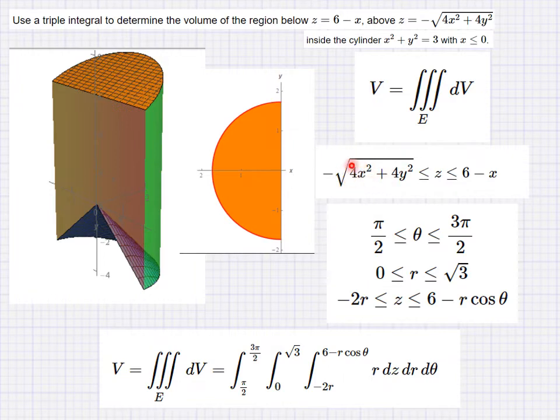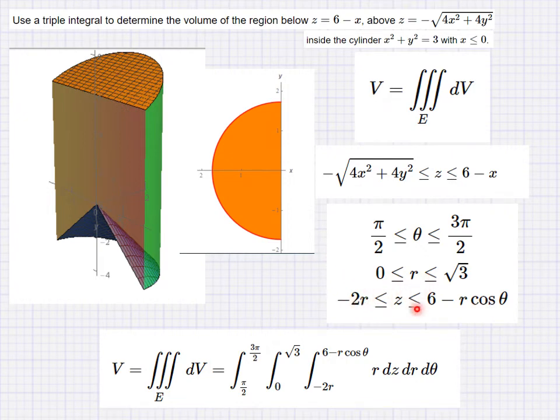So this will be the square root of 4r squared, or 2r. So that's that with a negative, so negative 2r. On the other end, 6 minus x, well, x is r cosine theta, so z would be between 6 minus r cosine theta, and then on the bottom end, it's minus 2r. So we can do that easily.